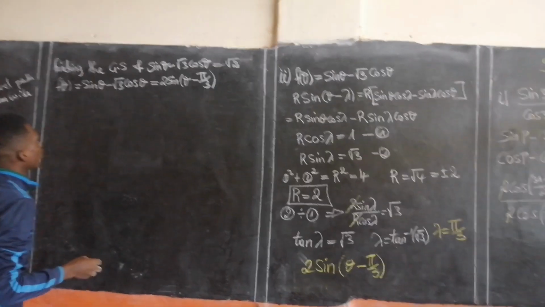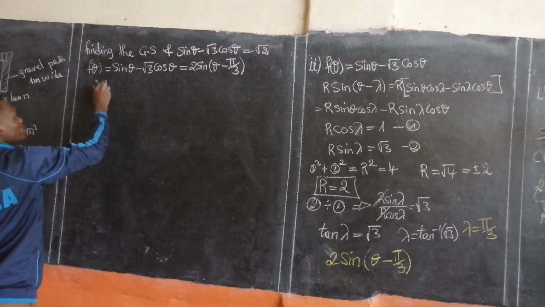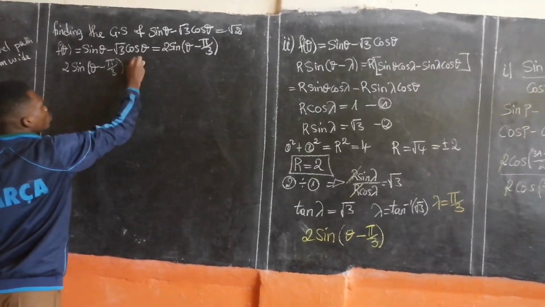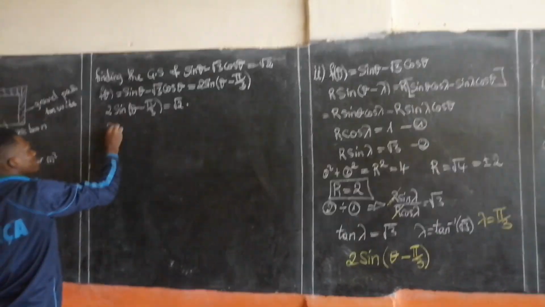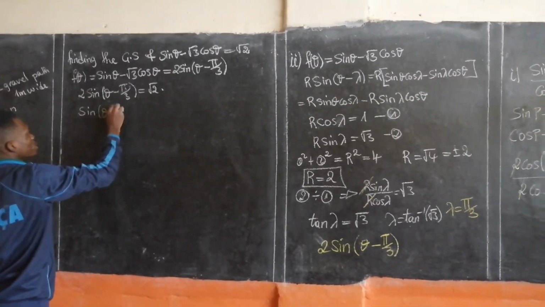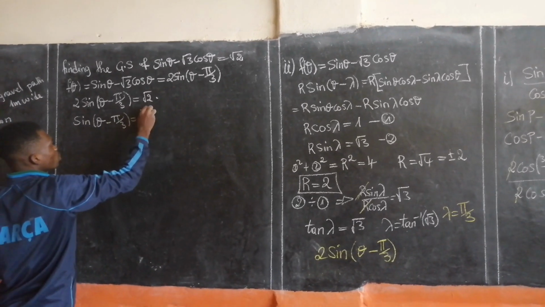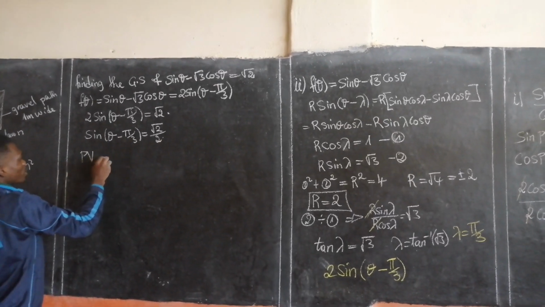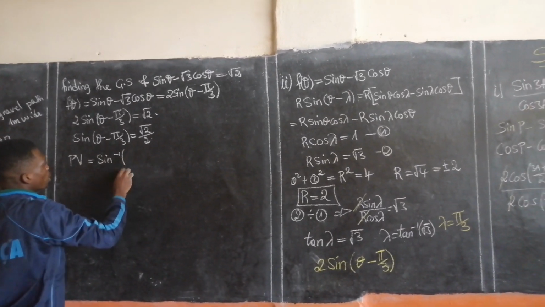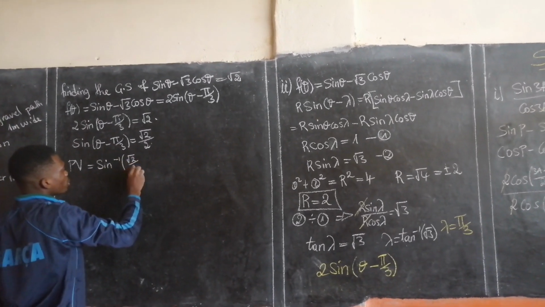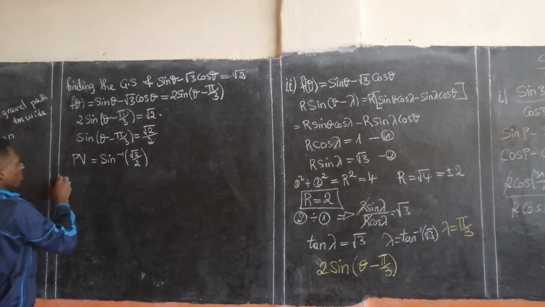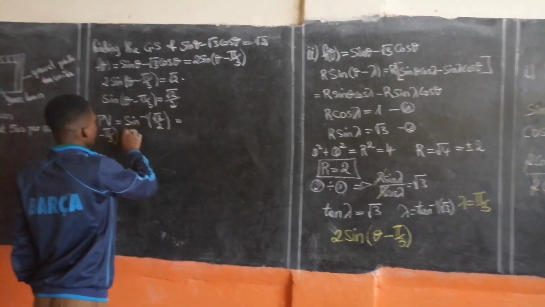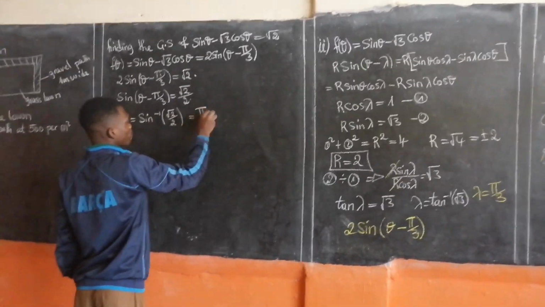So we are finding the general solution of 2 sine of theta minus pi on 3 equal to root 2. And so sine of theta minus pi on 3 is equal to root 2 on 2. So what is the principal value? The principal value is the sine inverse of root 2 on 2, which gives us pi on 4.